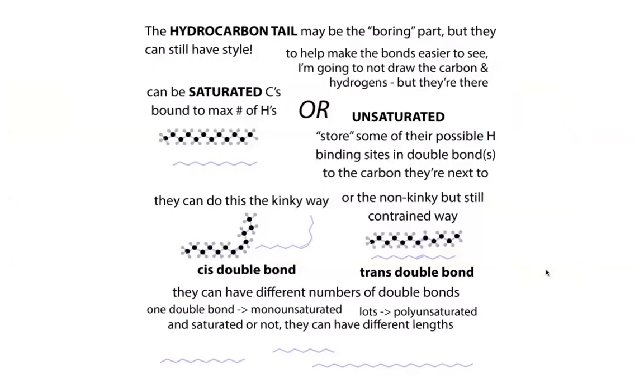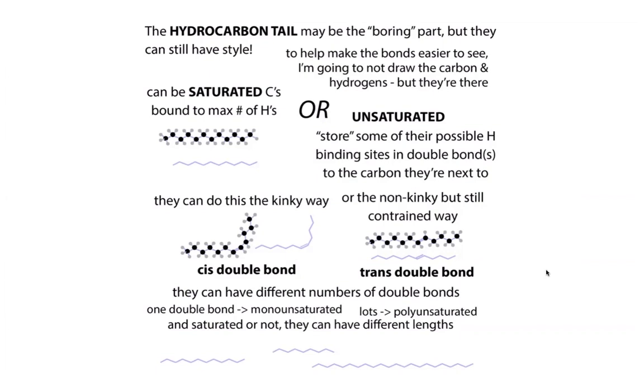That tail might sound really boring, but actually they can still have style. These tails can have different lengths, as well as different numbers of double bonds. If we talk about saturated versus unsaturated, with saturated, it's saturated with hydrogens. All of those carbons are bound to their maximal number of hydrogens, meaning we have all alkane and no alkene linkages.